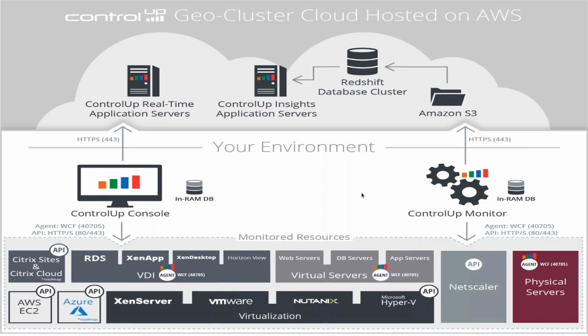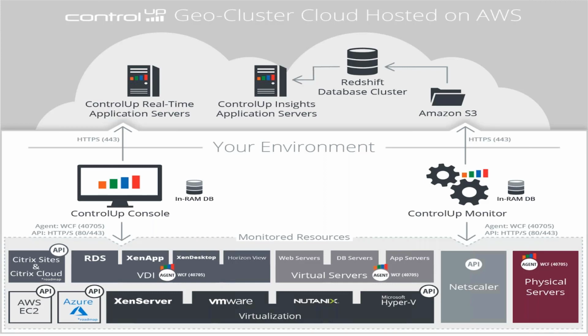Okay, so in a nutshell, if you look at the way ControlUp works for online deployments, the customer or the prospect will download the ControlUp console from our website, and launch it on his admin endpoint or on dedicated servers, which is many times the case in larger environments.